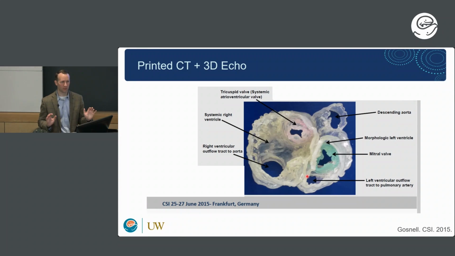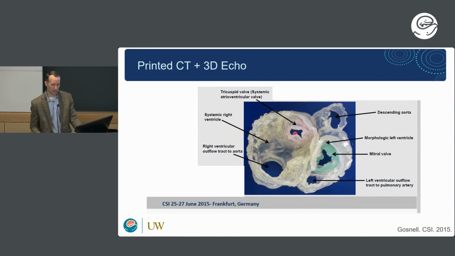And so then we have CT, we have 3D echo, but I think they are both good at different things. I was inspired by looking through some of the literature to see what ways I could fuse these together and maybe get some of the best of both worlds. There are some people who have tried to fuse things together and print them out.